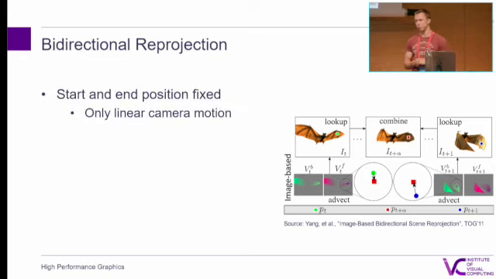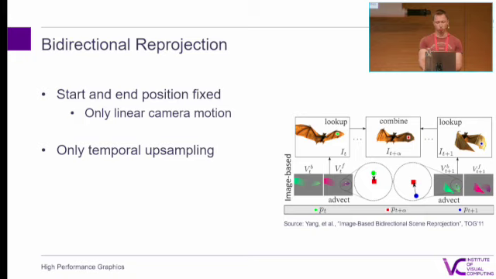However, if you want to make use of this for a split rendering scenario, there are some challenges we have to overcome. First of all, the method is designed only for client rendering, which means that the start and end position of the camera is fixed, so we only have linear camera motion between two frames. However, we want to be able to react to the user's head movement during the two server frames that are sent.